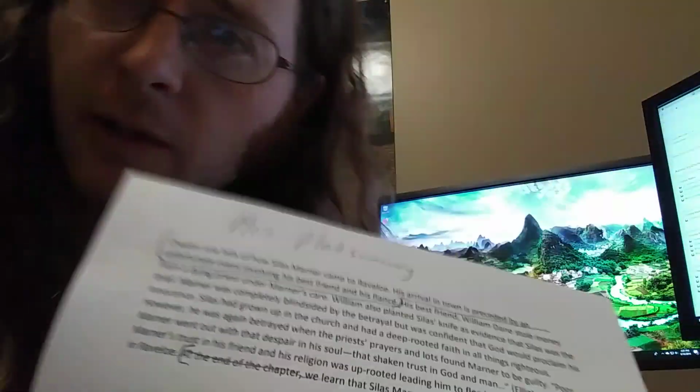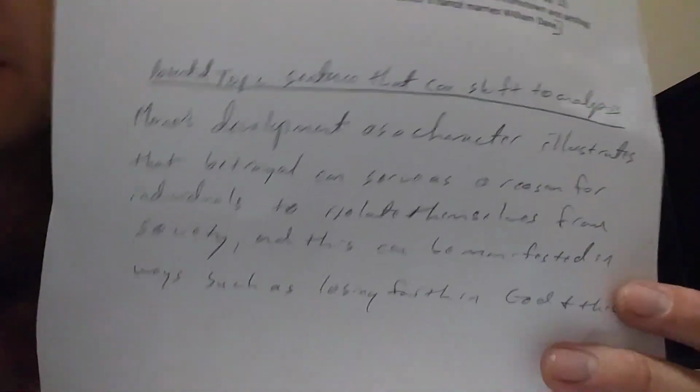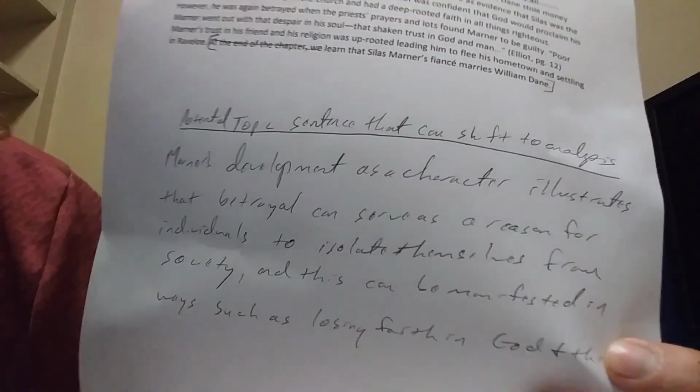Now, in order to fix this, the easiest way is to develop a topic sentence which tells your reader right off the bat the point that you're trying to argue about interpretation within this work of literature. So I developed a topic sentence here, and my handwriting's not very good, but we'll work with it.